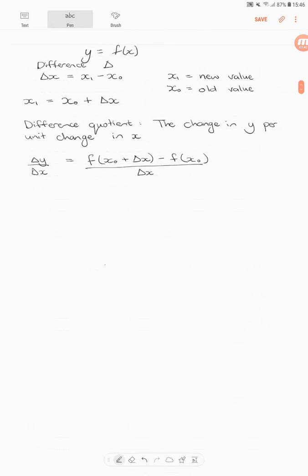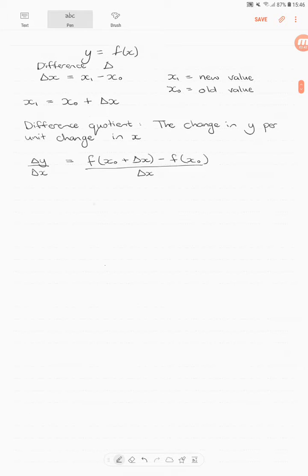So if we look at an example, we know that Fahrenheit is a function of Celsius, and it's specifically 9/5 C plus 32.